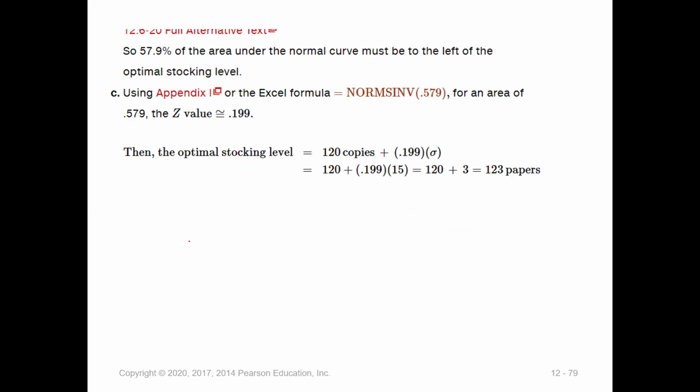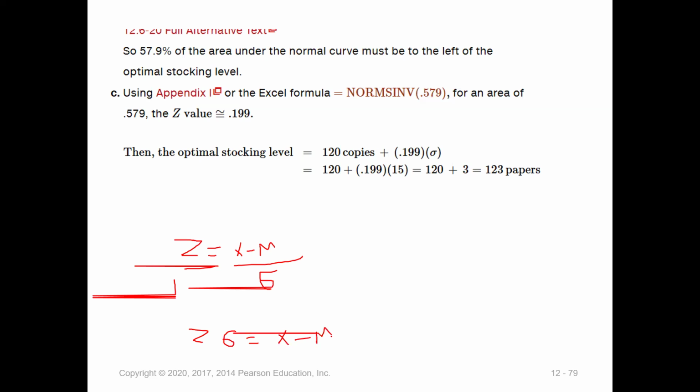Originally we said Z equals X minus mu divided by sigma, right? If you cross multiply, Z sigma equals X minus mu.